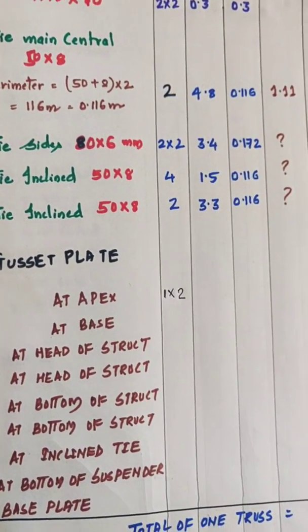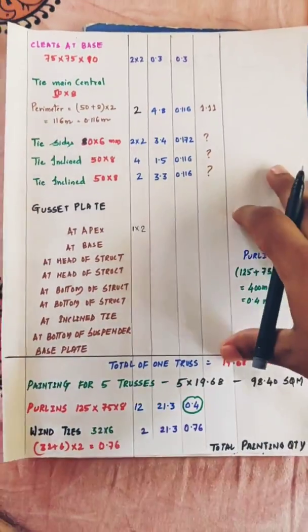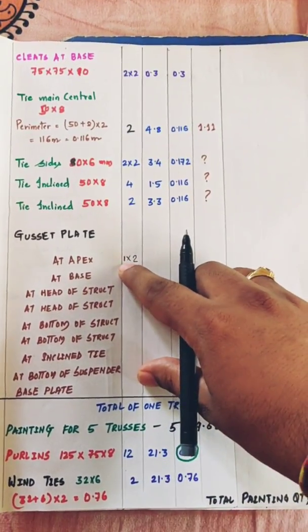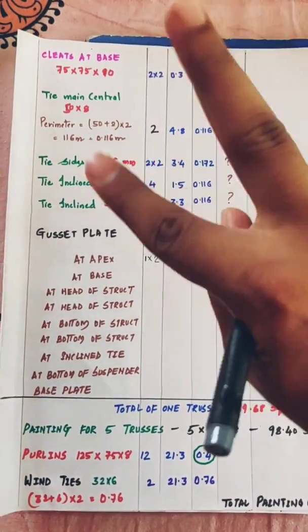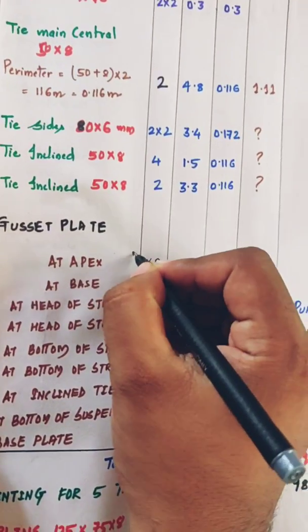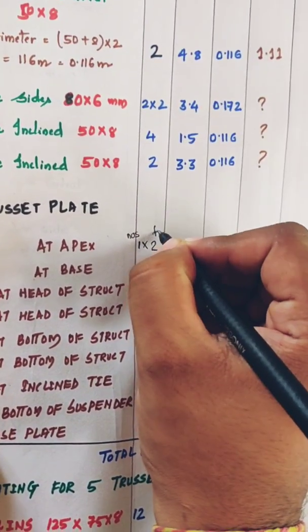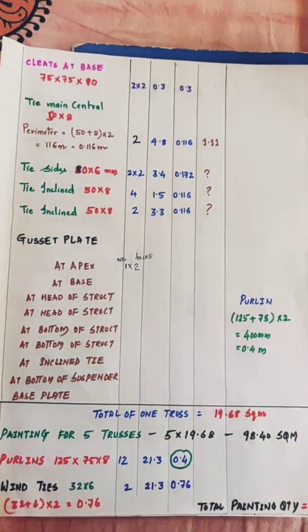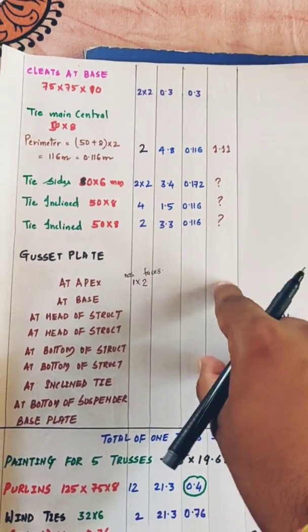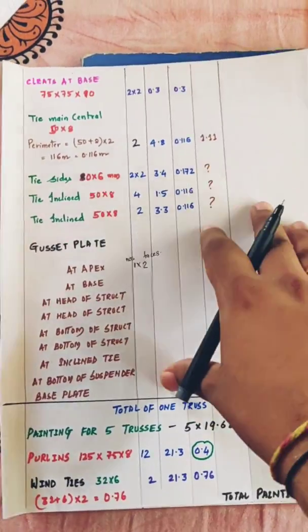So here you be careful. That is the reason why I have left out this part for you people. At apex there is one gusset plate, but painting is on two faces. So one number and two faces, right?